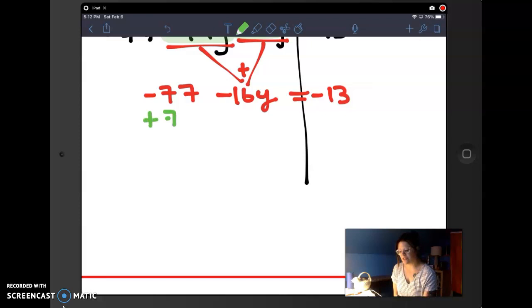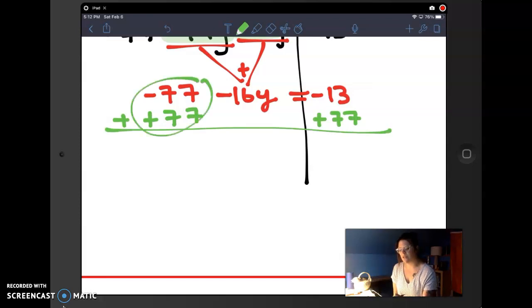This is a group of 77 ones, so we're going to create 0 by adding 77 ones to negative 77 ones. Then we have negative 16y, and on your calculator you would do negative 13 plus 77, and so then we would get 64.